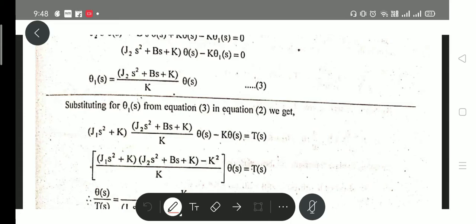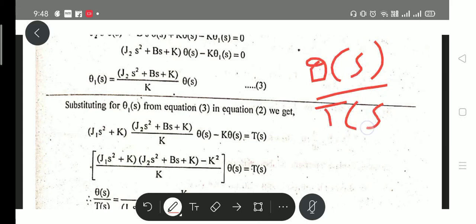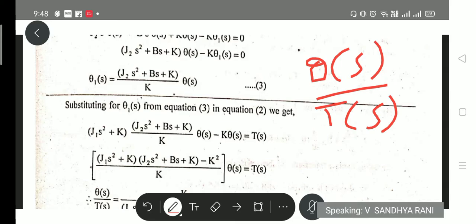What is the transfer function, output by input? Here the output is theta of s and the input is T of s, so we represent it as theta of s by T of s.